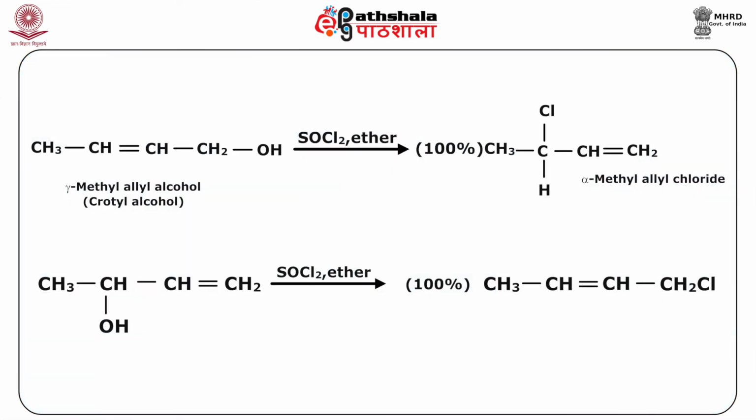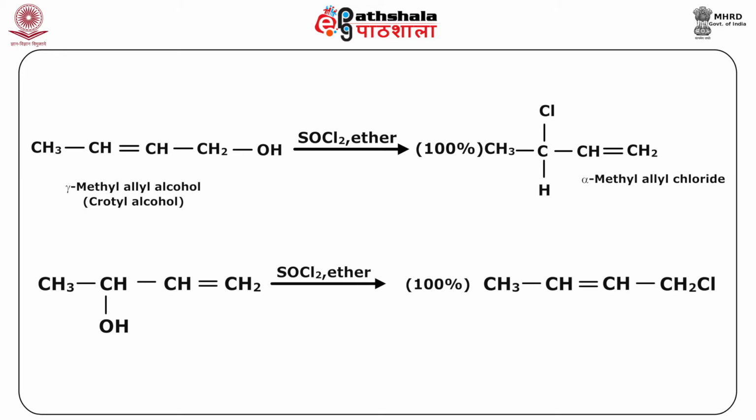Next comes the rearrangement by the SNi mechanism. The substituted allyl alcohols generally react with thionyl chloride in the medium of ether and form substituted allyl halides, that is, allyl chlorides. Now you can see here, in the presence of ether and thionyl chloride, these allyl alcohols form substituted chlorides at different positions as discussed earlier.